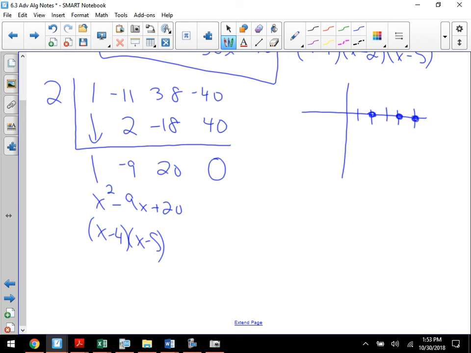That's why zeros and terms are so important. We're going to be doing this for quite some time. But the idea is understanding the relationship that's created between terms and zeros.